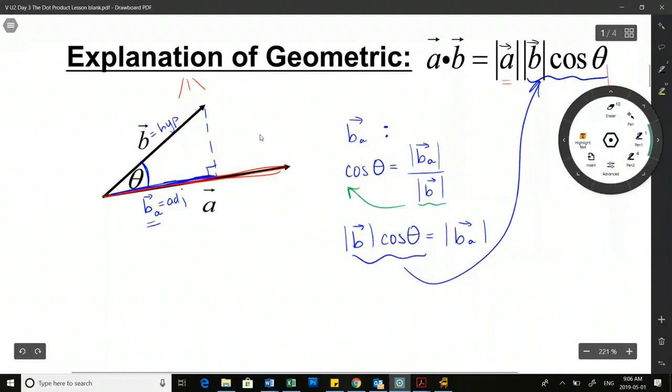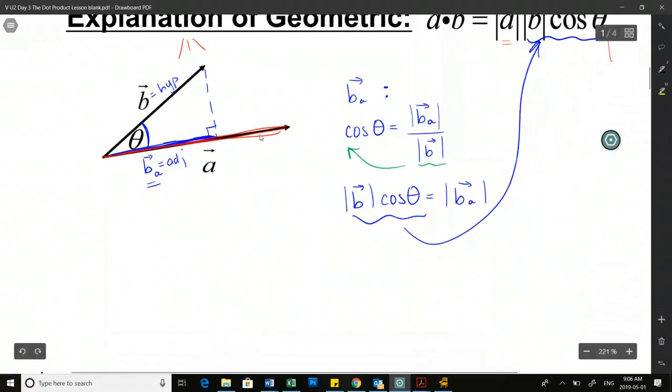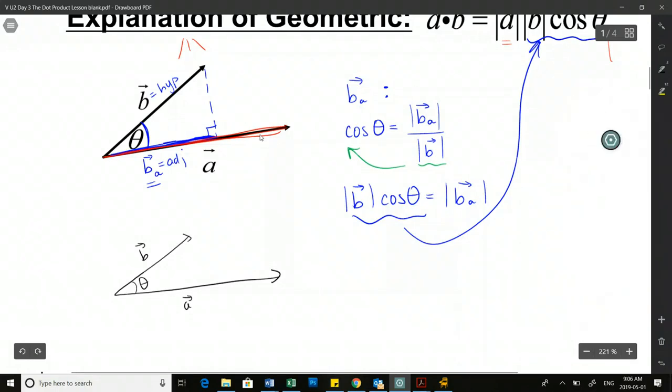No, so I can also do this in the opposite direction. If I wanted to find the A component that goes in the direction of B, I can do that as well. Again, we would think about shining a light here, but you have to imagine that the shadow can actually go further.